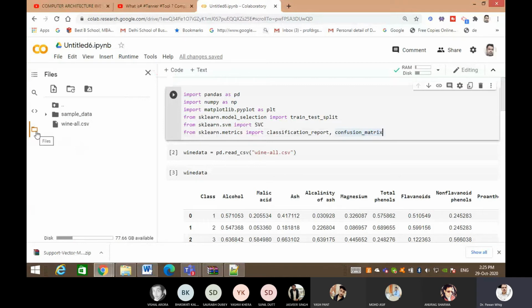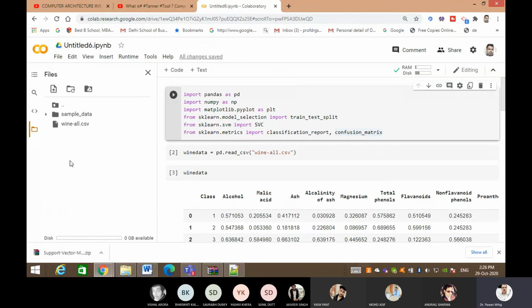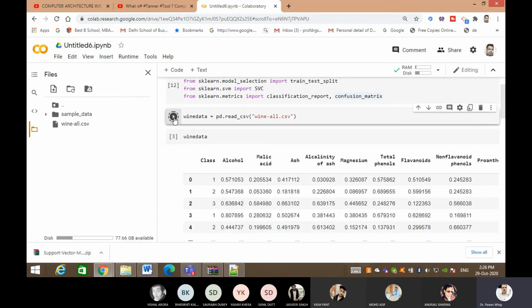I already told you that you have to go to the files here, and then upload the dataset before proceeding to the next step. Let me start the first step. After clicking play, all these libraries get loaded. Now let me upload the dataset, wine.all.csv.